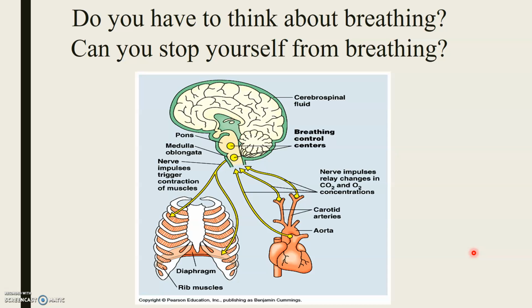Your autonomic nervous system is a portion of the brain that actually handles a lot of the things that we don't think about. For example, we talked about the autonomic nervous system in relation to the beating of the heart. We don't have to think about our heart actually beating because it's handled by the autonomic nervous system. Same thing to do with our respiration and breathing.